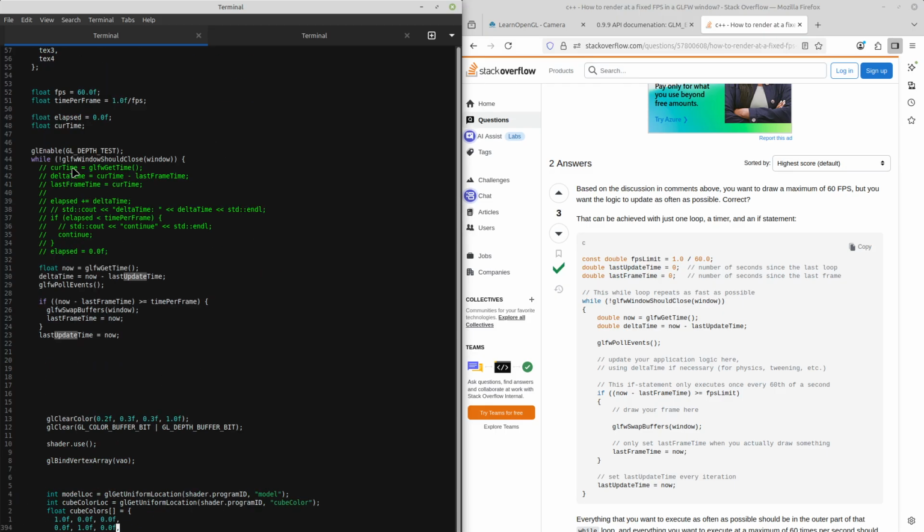There's something wrong with this. Because, okay, let's see what we're doing here. We're grabbing the current time, sure, saying that the time between update your application logic here.